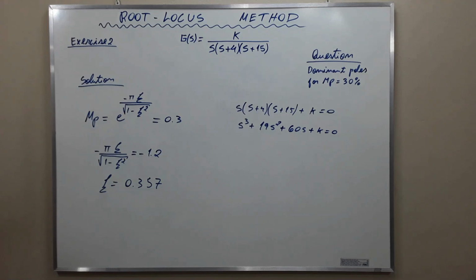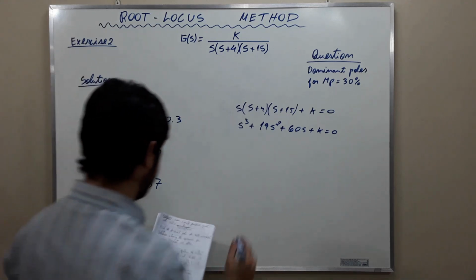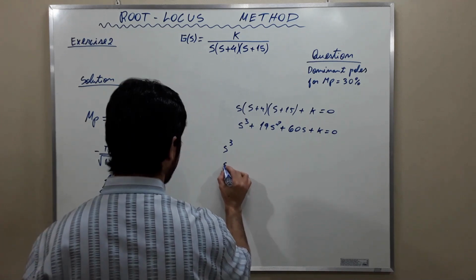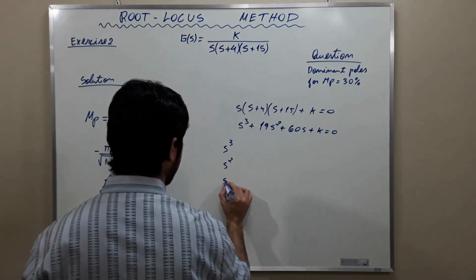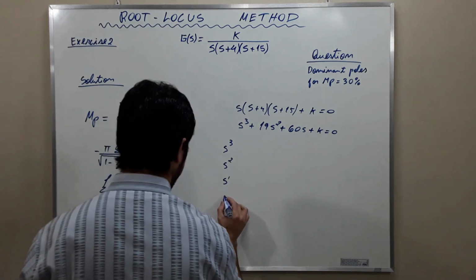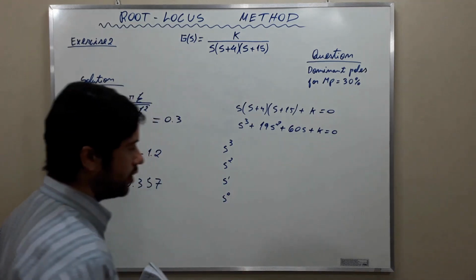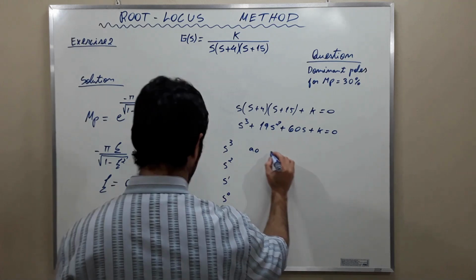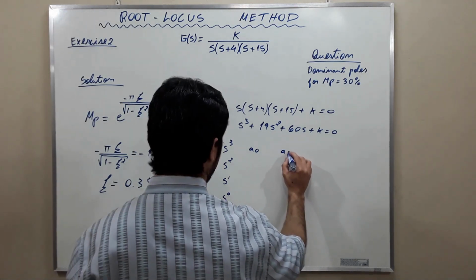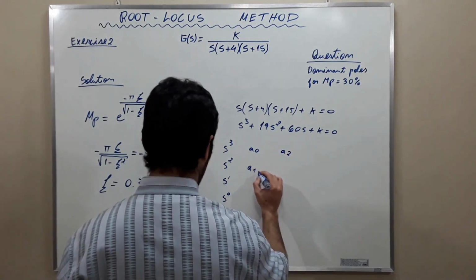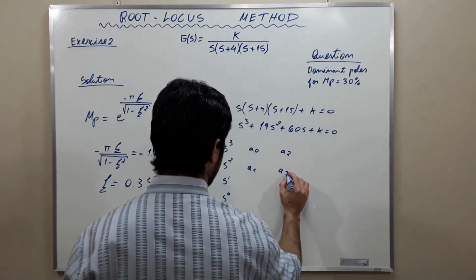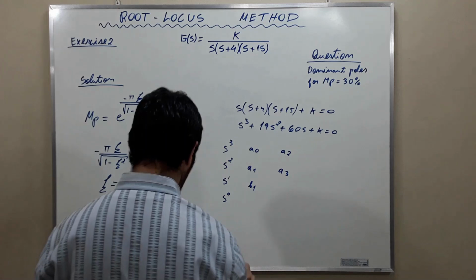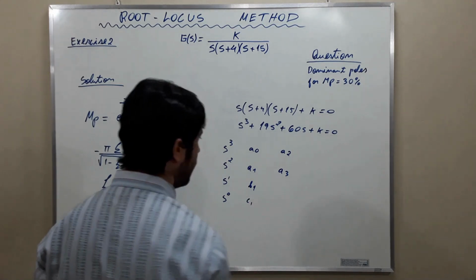And the Routh's array becomes s cubed, s squared, s1, and s to 0. And here, a0, a2, a1, a3, b1, and c1.